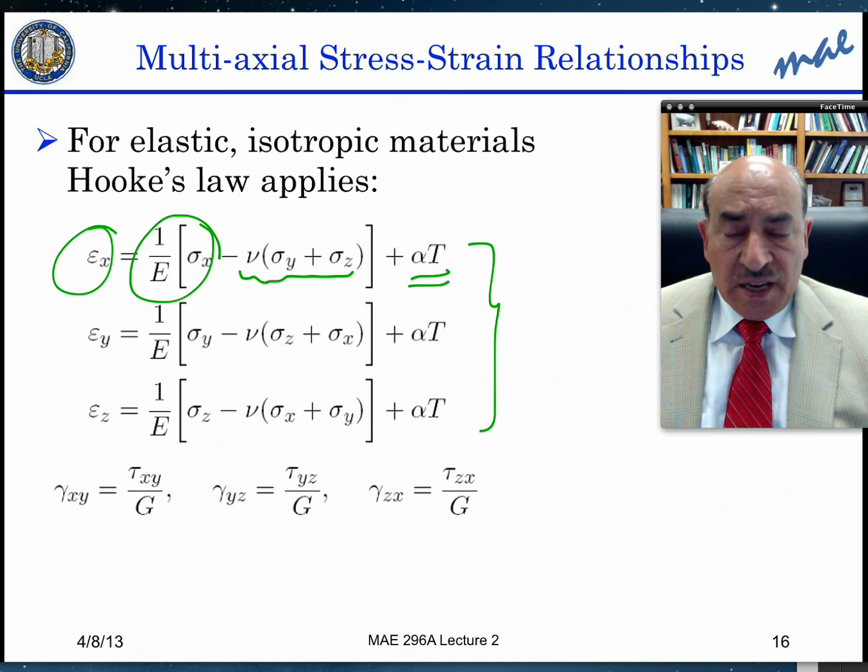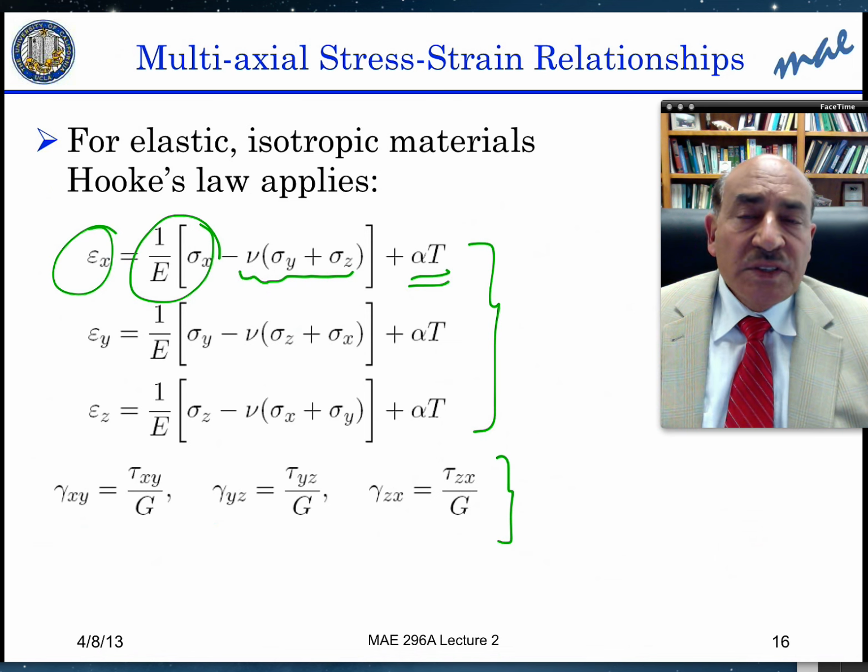So this type of relationship is for normal stresses and strains, and it is combined with 3 other relationships for shear stresses and shear strains as well.